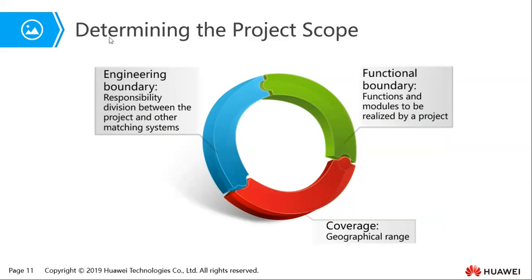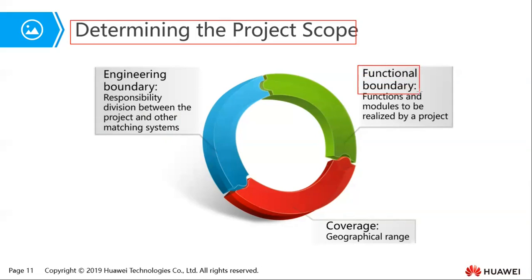Okay, so let's look at one of the things that are done during project planning, which is determining the scope. The scope. So the scope of the project really is how big is the project. We normally look at this from different perspectives. The first perspective is what we call the functional boundary.